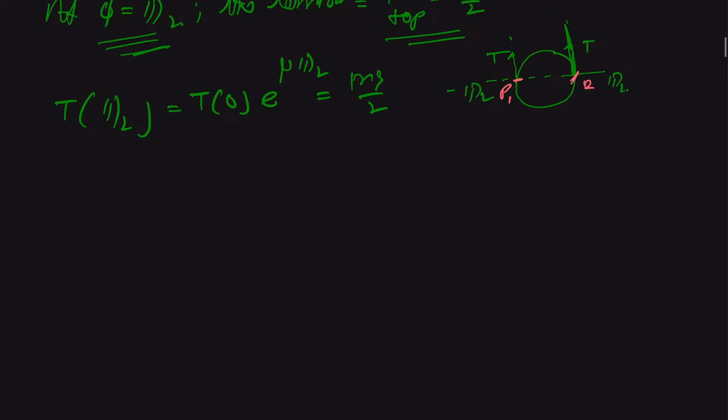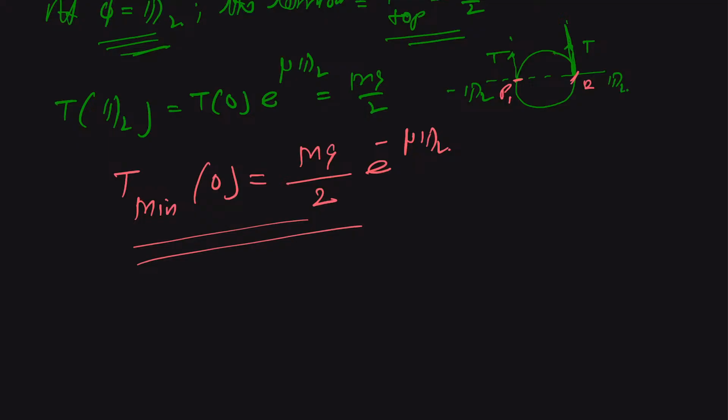So we can say that our tension minimum at 0 will be equal to mg by 2 e raised to the power minus mu pi by 2. So this will be the minimum tension that was asked in the question.